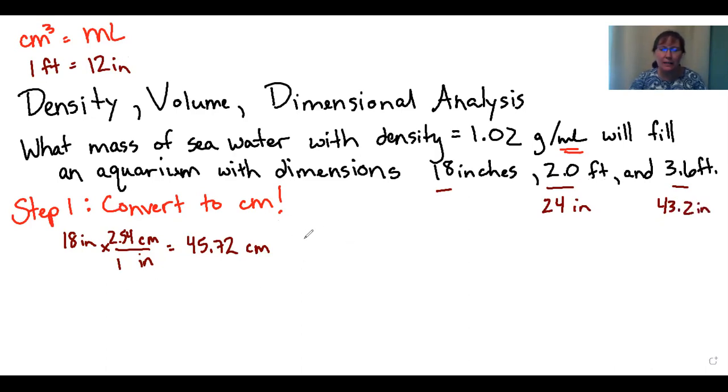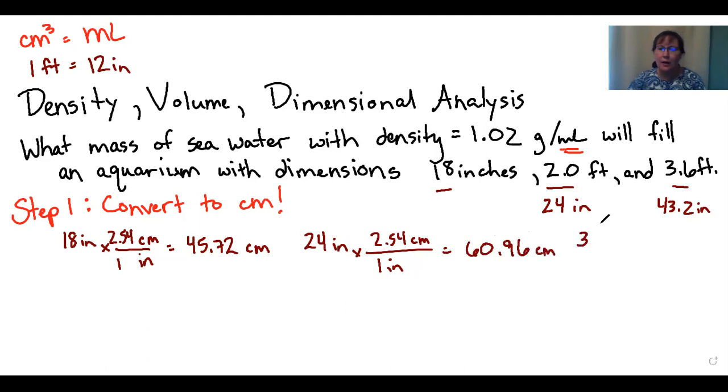That's just a little easier to do here. So we have 24 inches times 1 inch for 2.54 centimeters. 24 times 2.54 gives us 60.96 centimeters.